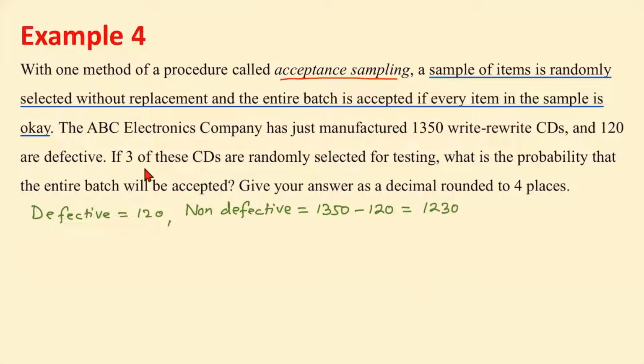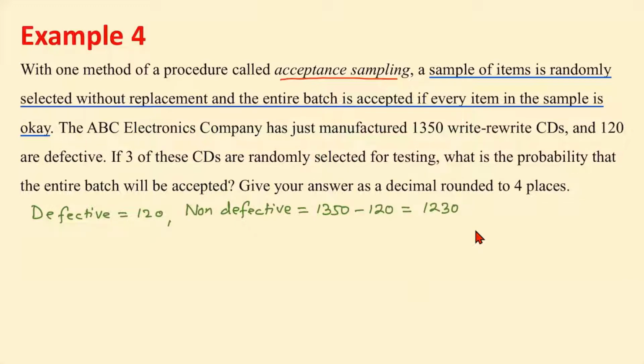Now, if 3 of these CDs are randomly selected for testing, what is the probability that the entire batch will be accepted? For the entire batch to be accepted, according to acceptance sampling, everything should be good. That means the first CD should be good, the second should be good, and the third should be good.